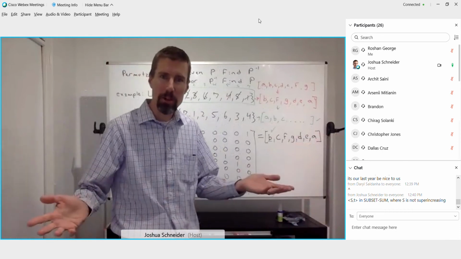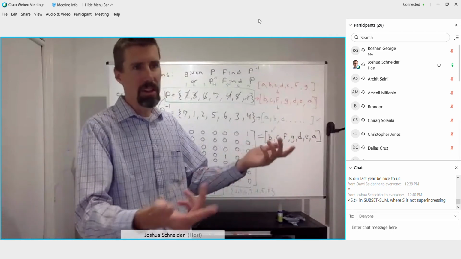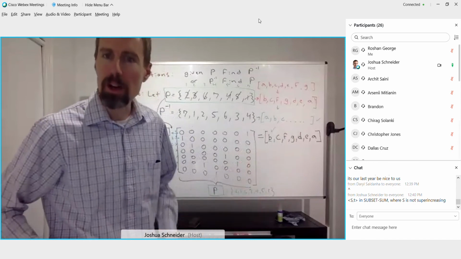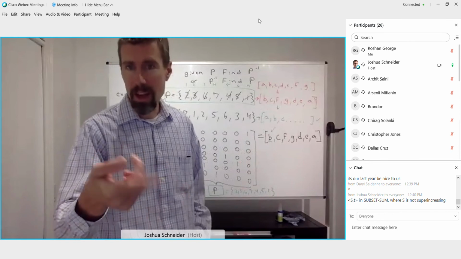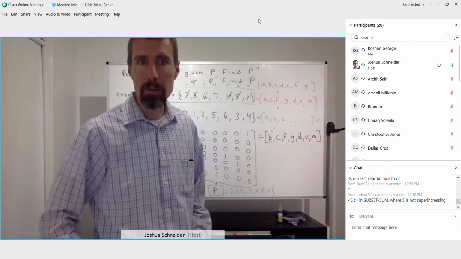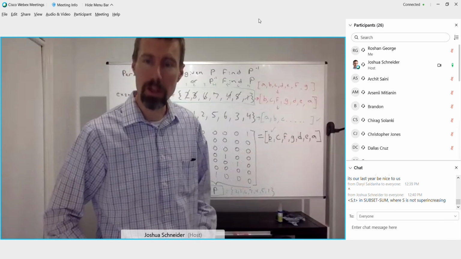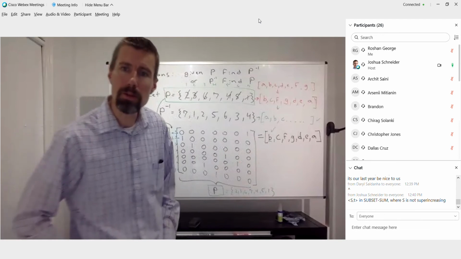If it's not super increasing, you're back to the original problem of finding a collection of subsets that sum to the target. And there are 2 to the n. So if there's n items in your set S, there's going to be 2 to the n possible subsets that you have to look at, if you include the case of 0, the empty subset.